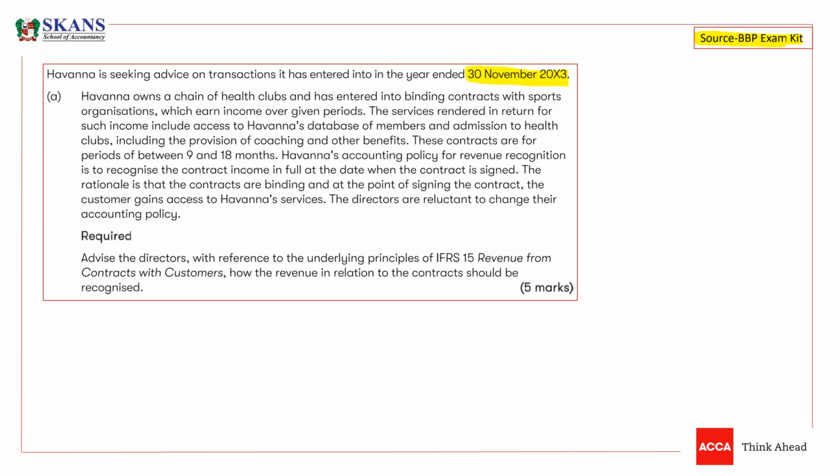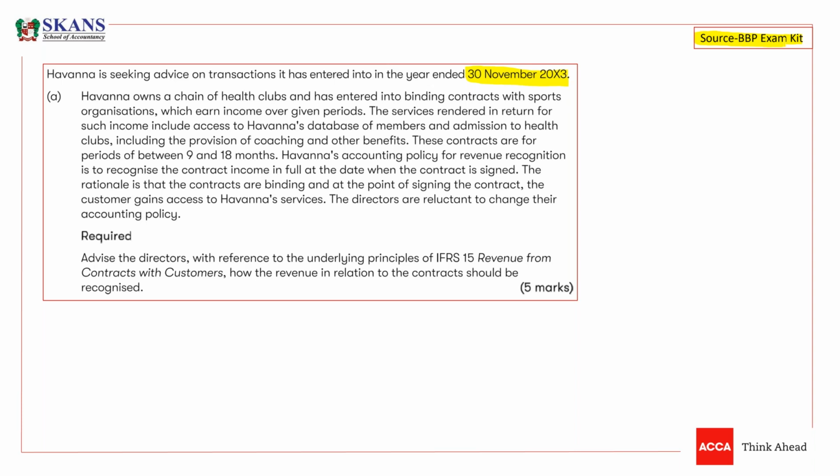The service rendered in return for such income includes access to its database of members and admissions to health clubs, including the provisions of coaching and other benefits. These contracts are for a period of between 9 and 18 months. Maybe this is a contract for 12 months, maybe for 13, maybe for 15, maybe for 18 months. So usually the contract period is from 9 to 18 months.